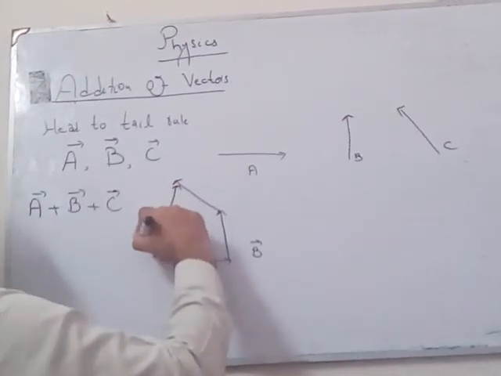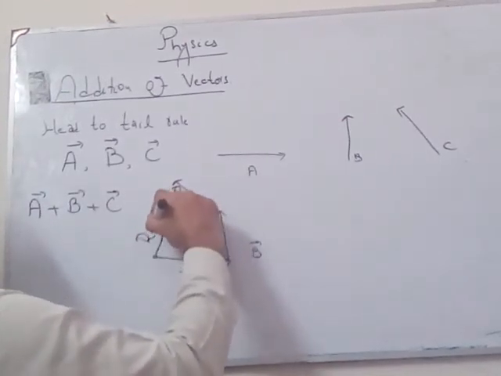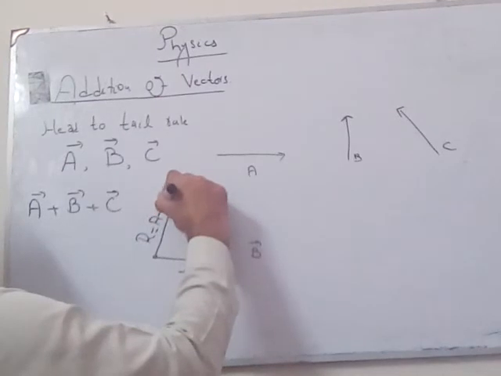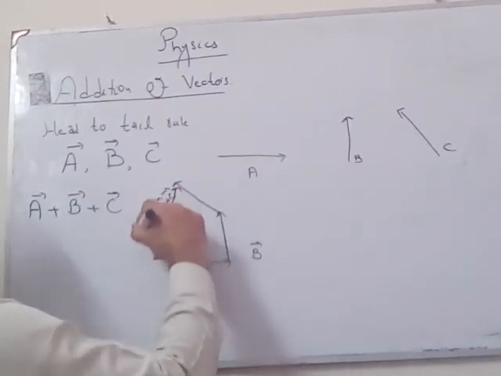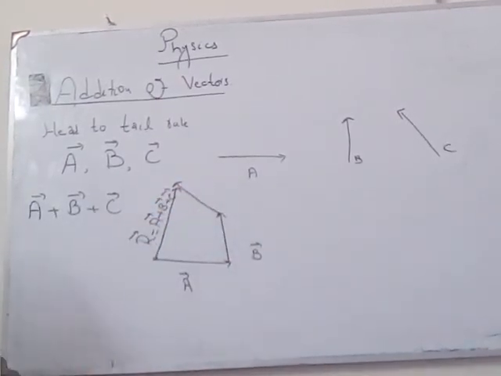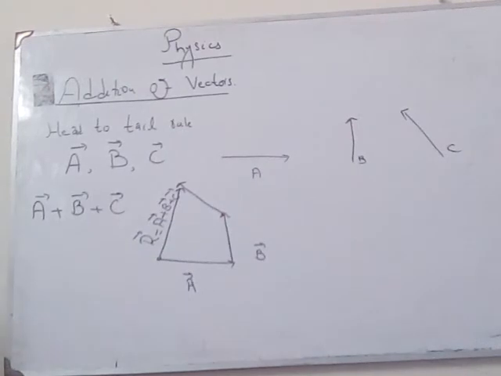This is the resultant vector, that is R is equal to A plus B plus C. So this is all about the addition of vectors by head-to-tail rule.